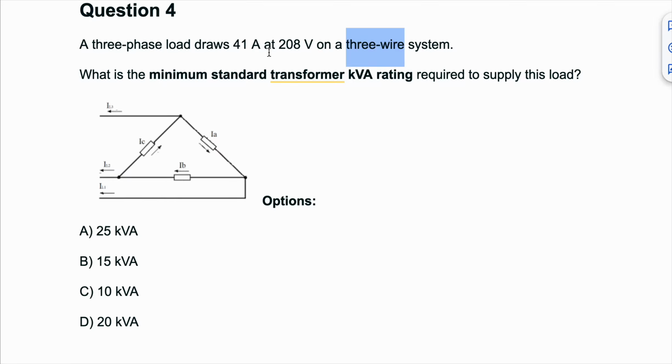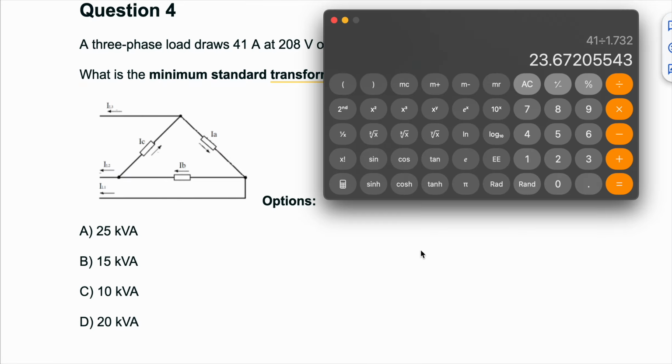And also we have 208 volts. 208 volt from this point to this point, 208 volt from this point to this point, and also from this point to this point is 208 volt. So when we want to calculate the power, how much power this load needs, we can multiply the ampacity of this load by the voltage of this load.